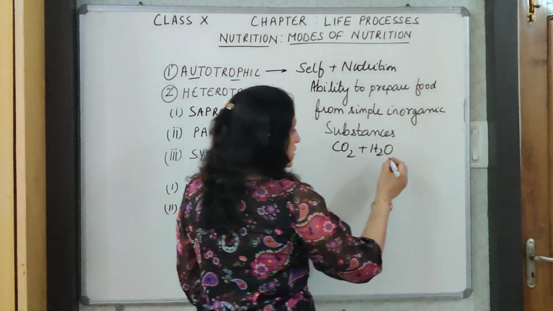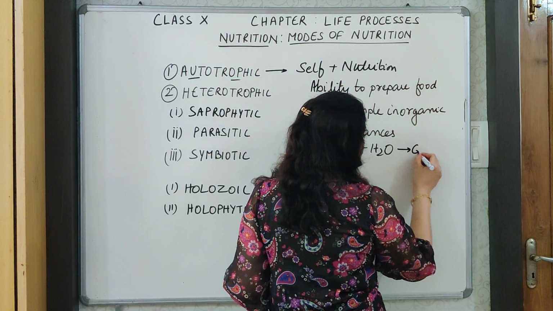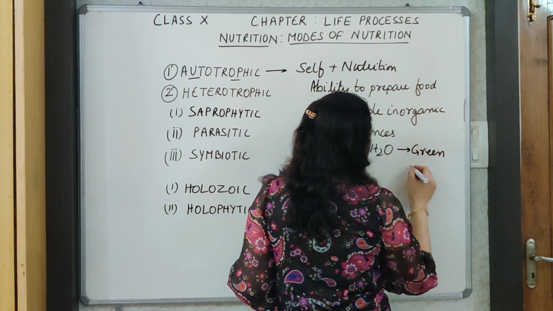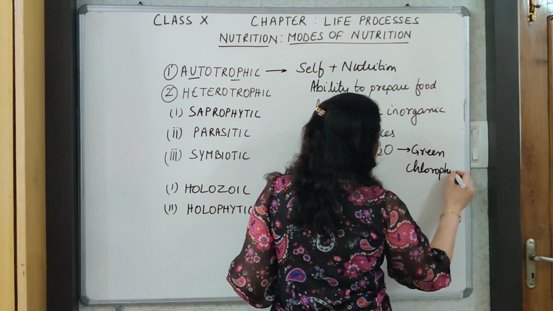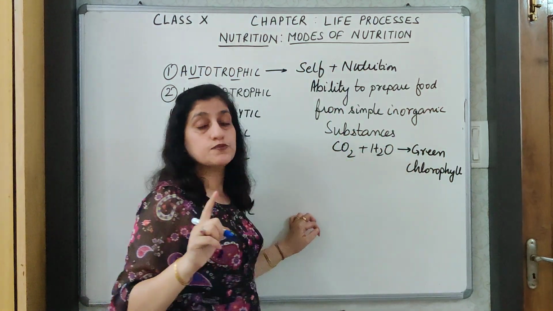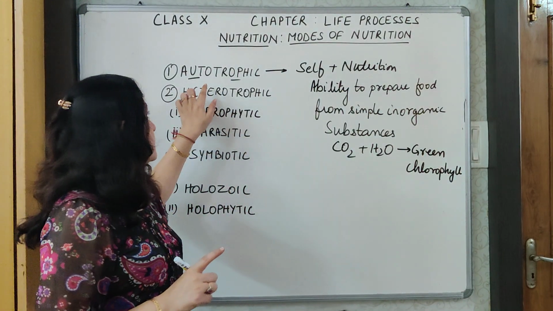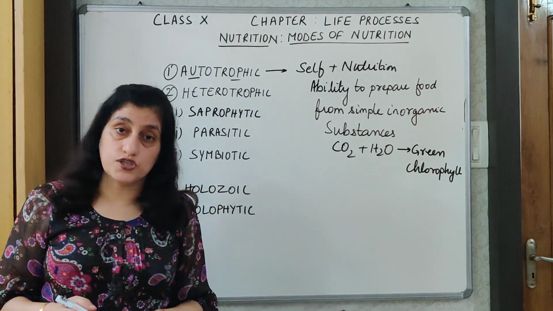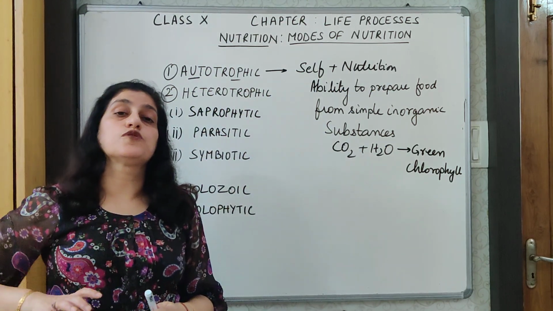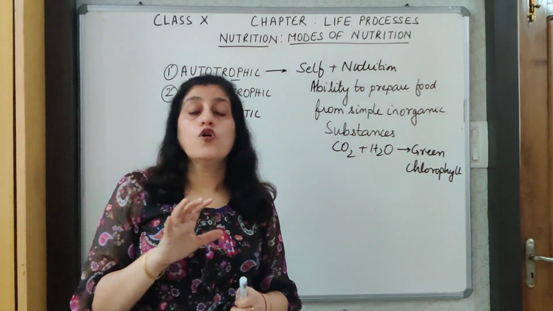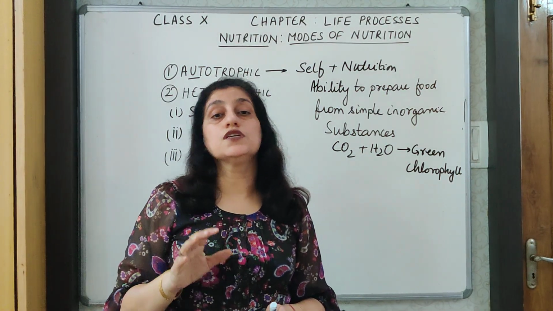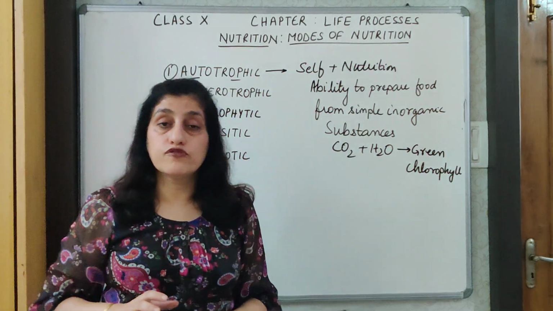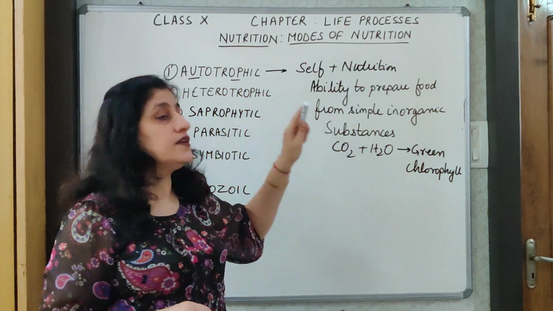And of course, when we say green plants, it means chlorophyll. So here we can also conclude that it is only the chlorophyllous plants which have the ability of autotrophic nutrition. So the green plants provide nutrients to all the organisms on the earth, and they are the only individuals which are able to make their own food, which are autotrophic in nature.